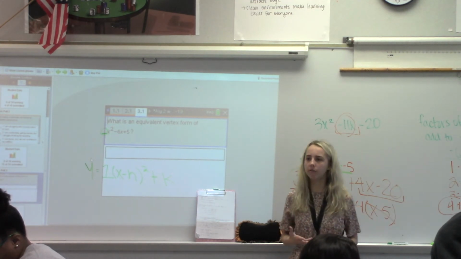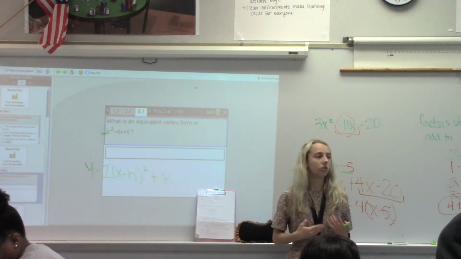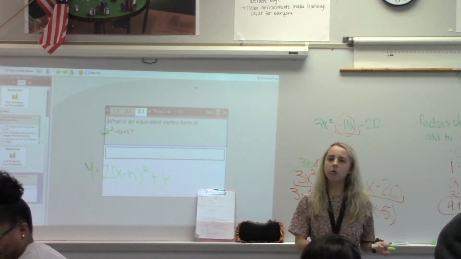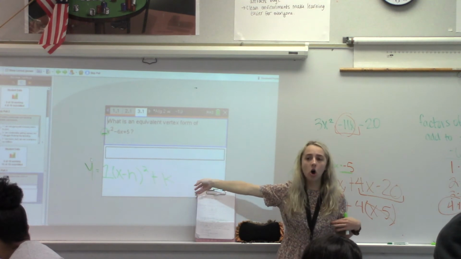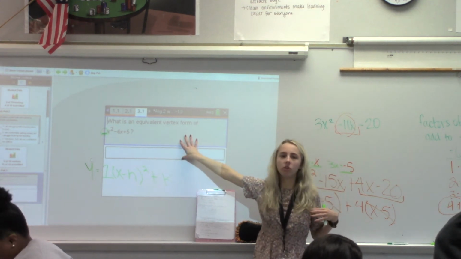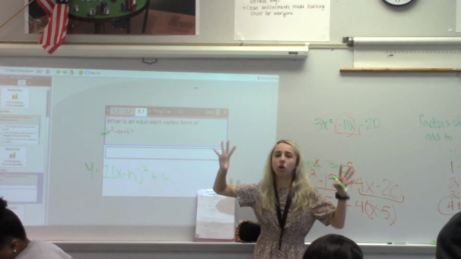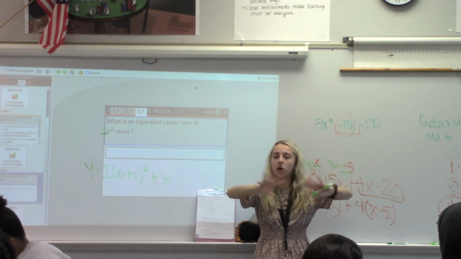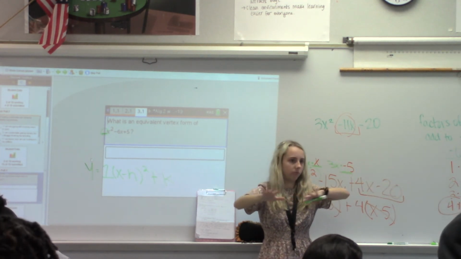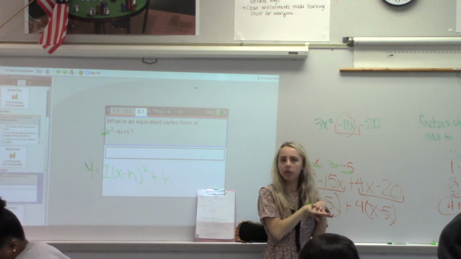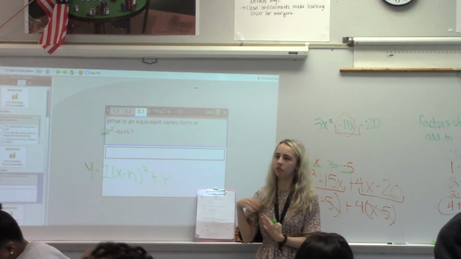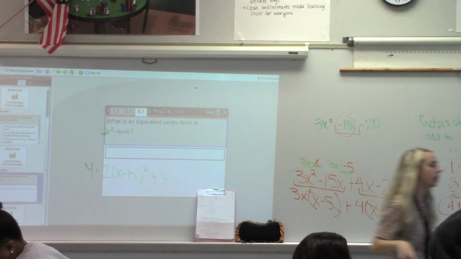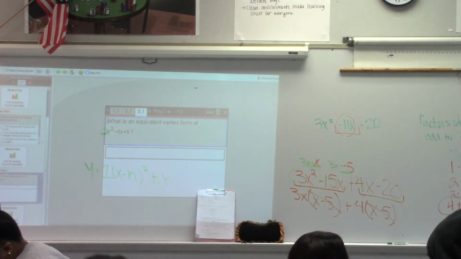So what does it mean to find solutions? We're looking for those values that would make this equation true. Does it say to solve or find solutions for this? It just says write it in vertex form. So most of you got there and we're good up to now. And then Mr. Kenny's going to talk to y'all about why we're trying to find solutions and stuff like that. But let's go ahead and go over this one.